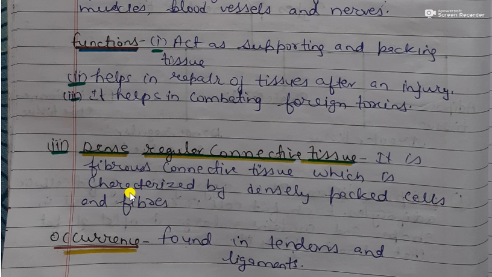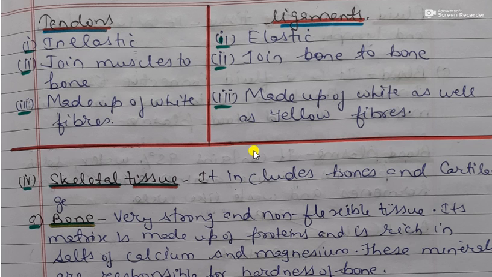Next type of connective tissue is dense irregular connective tissue. It is fibrous connective tissue which is characterized by densely packed cells. It means the cells are very closely packed, cells and fibers. It is mainly found in the tendons and ligaments.